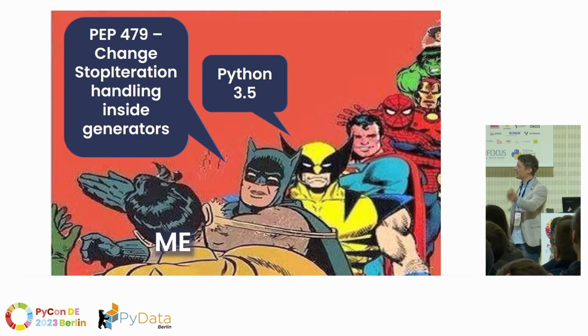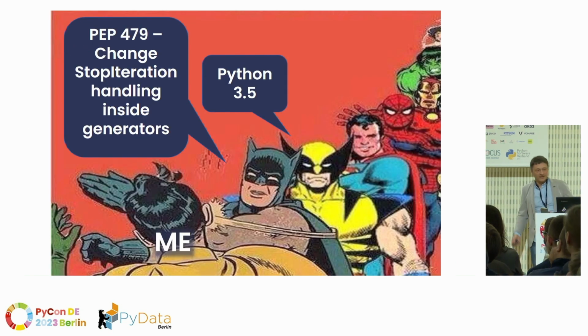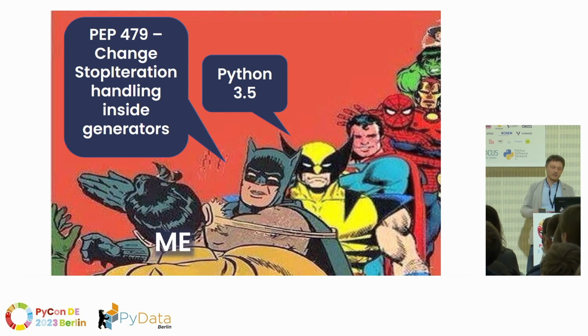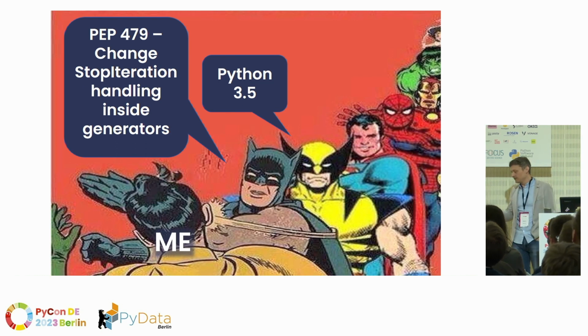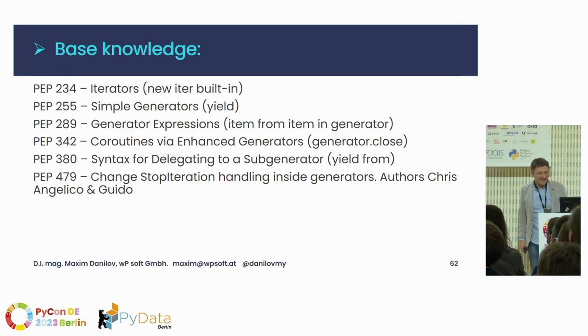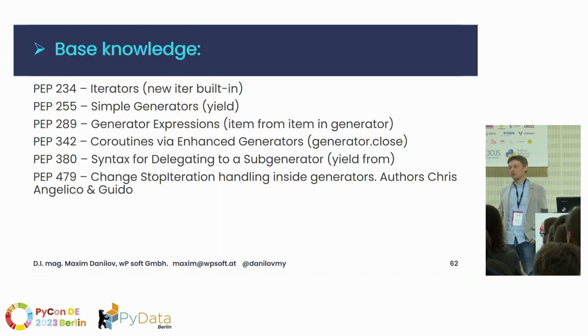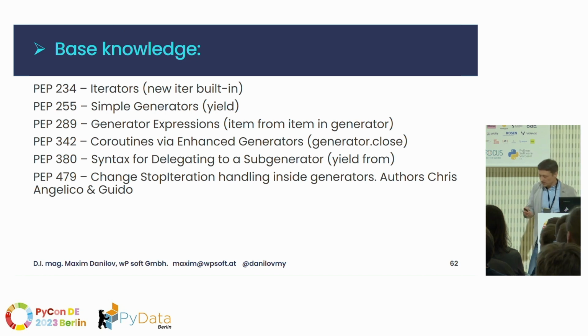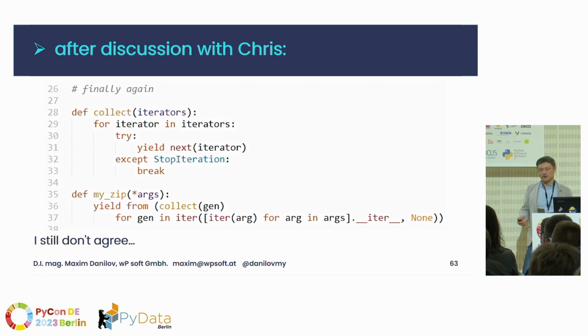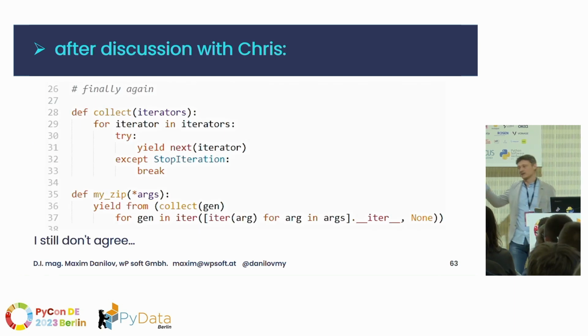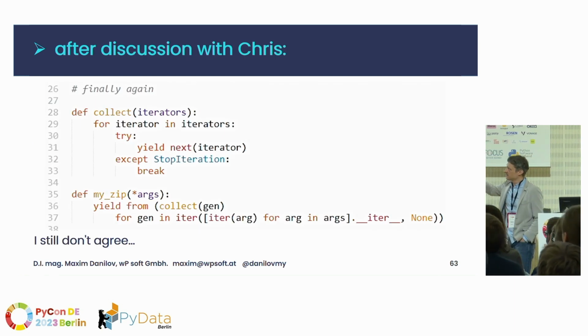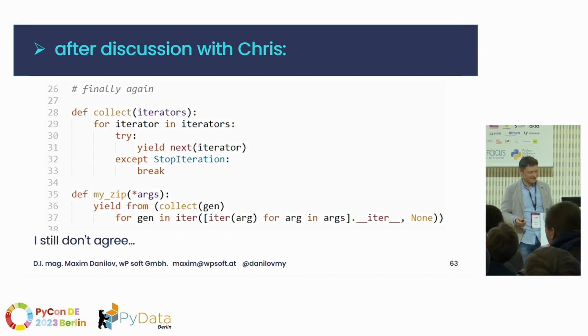I'm happy, but PEP 479 changes stop iteration handling inside generators. It was implemented in Python 3.5, and it doesn't work right now. The authors of this PEP were Chris and Guido. I had some discussion with Chris, and Chris offered me to use this ugly and disgusting construction in my yield.